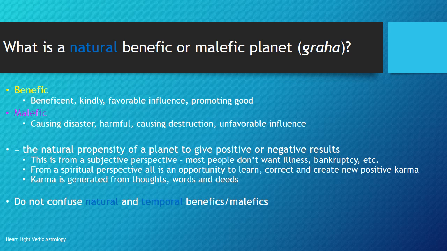And when I talk about good and bad or positive and negative, I'm talking from the very typical human subjective perspective. For example, most people don't want illness or bankruptcy, and so we would generally consider those malefic outcomes. Now, that's the mundane perspective, living as a human, surviving in day-to-day life.